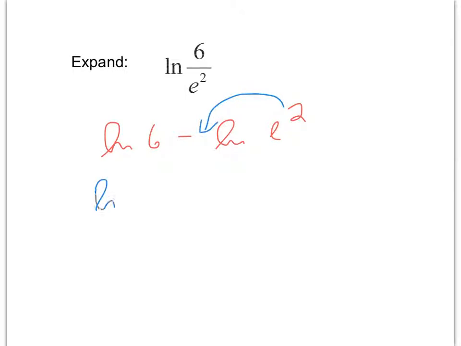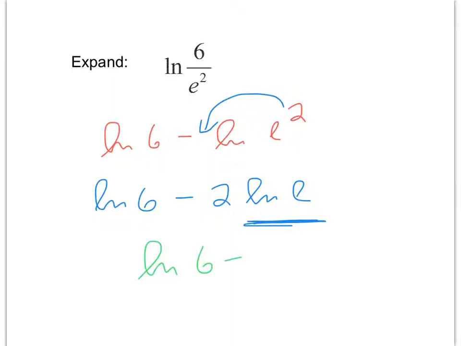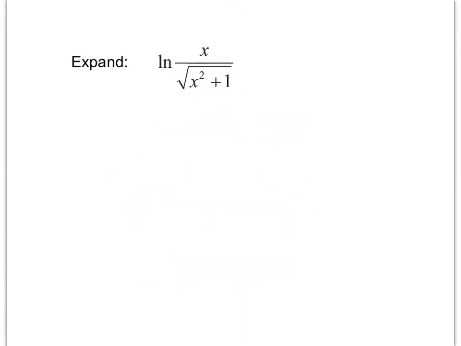So I have ln 6 minus 2 ln e, and once again I can use my inverse property of logs. ln e is just 1 because e to the first power is e. So I have ln 6 minus 2 times ln e. ln e is 1, which then becomes 2. ln 6 minus 2.